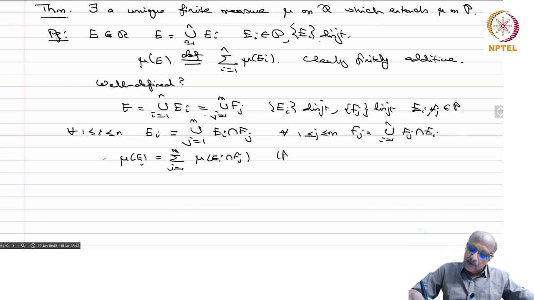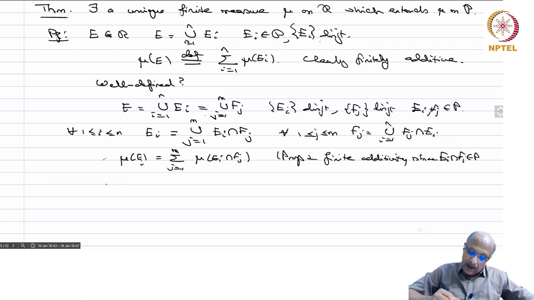So this is proposition 2 and finite additivity, since Ei intersection Fj belongs to P and Ei is anyway in P.